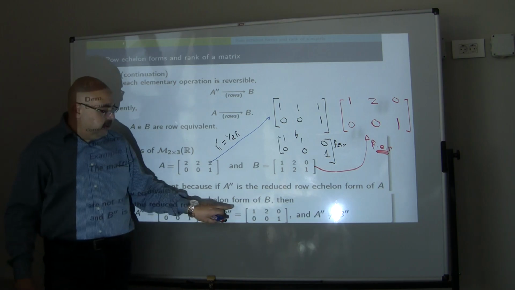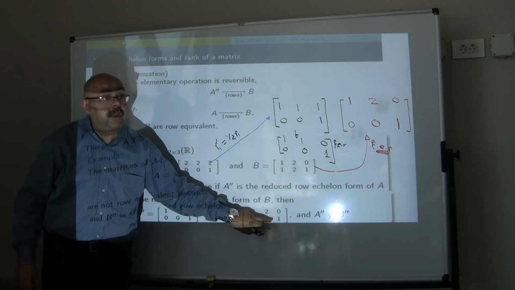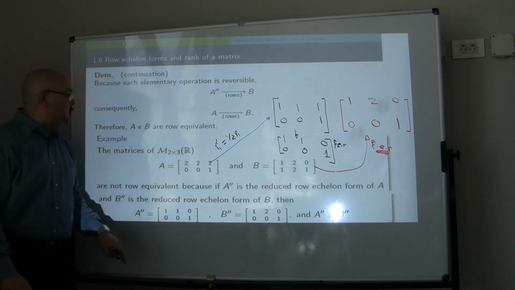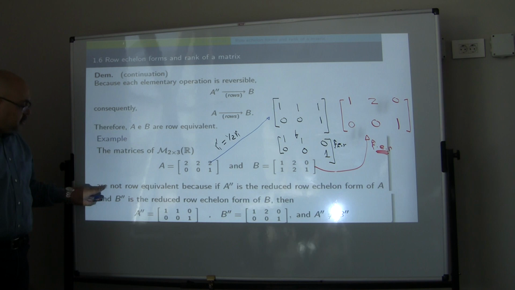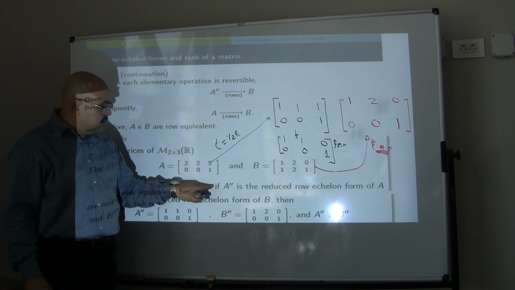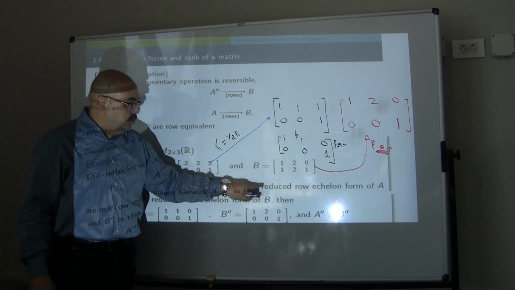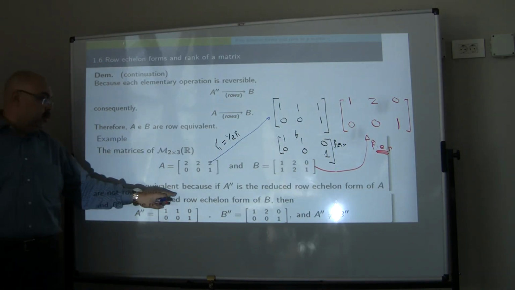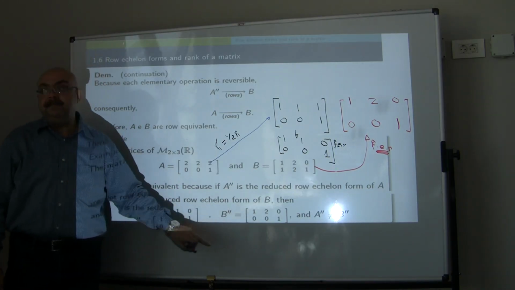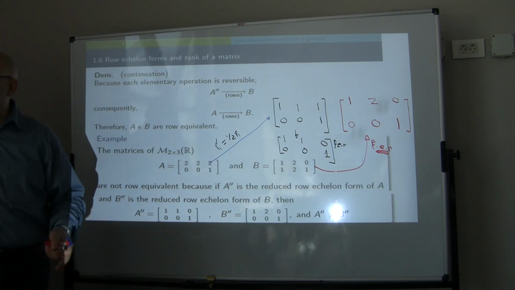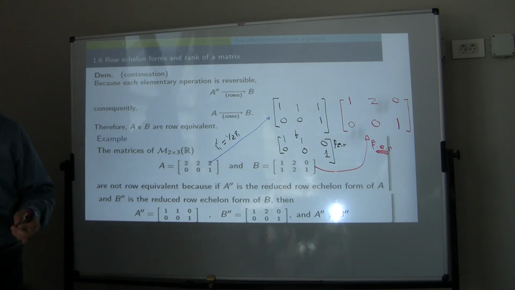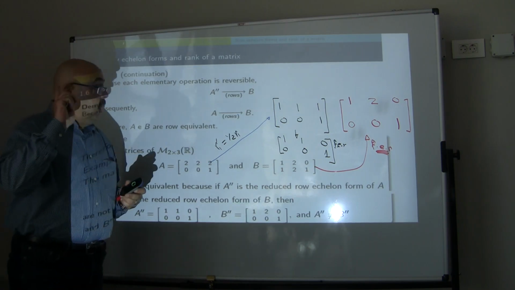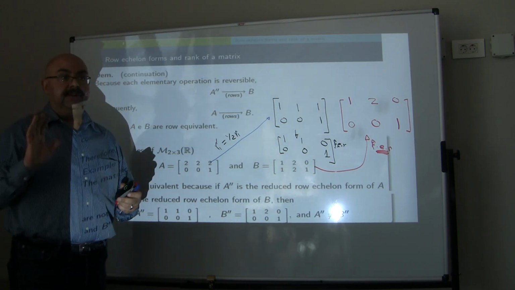For the other matrix, it's 1, 2, 0, 0, 0, and 1, so they are different from each other. They are not row equivalent, because A double dash is the reduced echelon form of A, and B double dash is the reduced row echelon form of B. If they were equivalent to each other, they would be the same, but they are different. So these two matrices are not equivalent to each other. Okay?